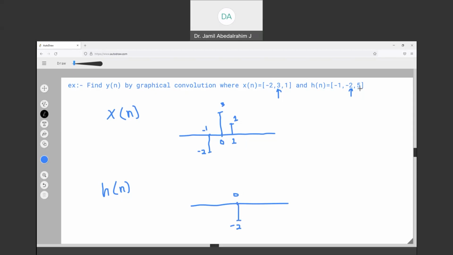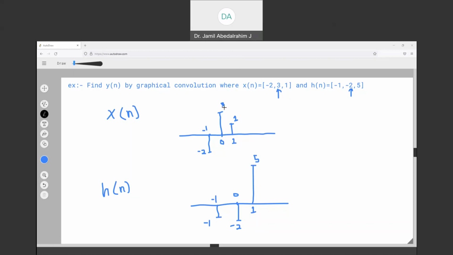On the right side will be positive, located at 1. So 5 is located at 1. This is 1. The amplitude is 5. The left arrow is negative 1. Negative 1 is located at negative 1. Okay, this is x of n and h of n.